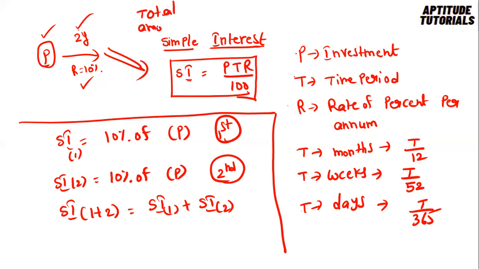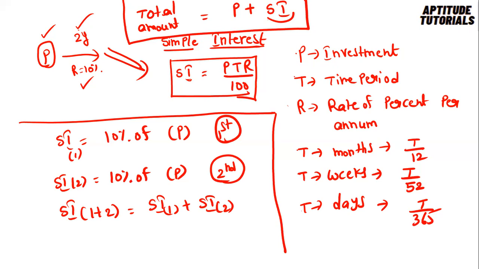Total amount. So total amount is nothing but the principal that you have invested and the interest that you are paying. Let's say you have invested a principal P, and using this formula, calculating the interest for the parameters PTR, you will be obtaining simple interest here.